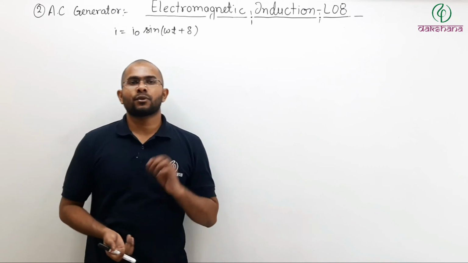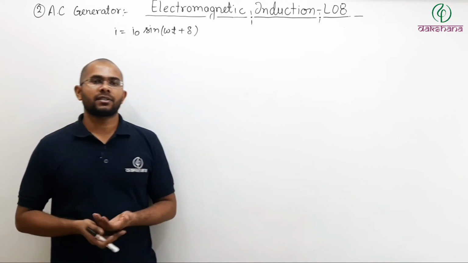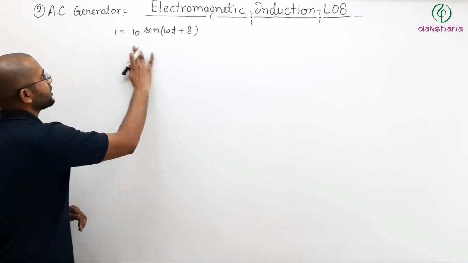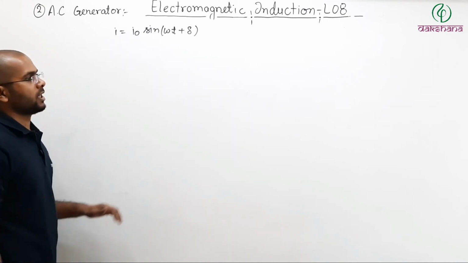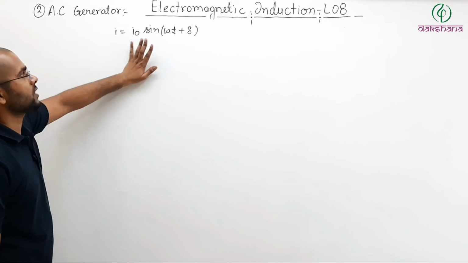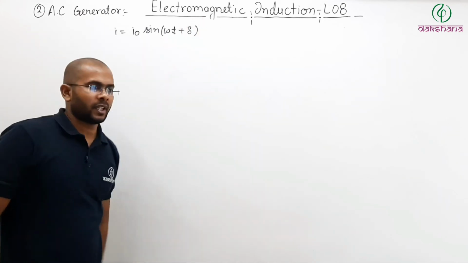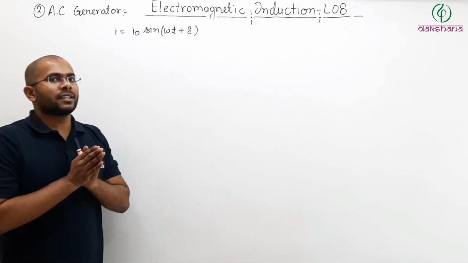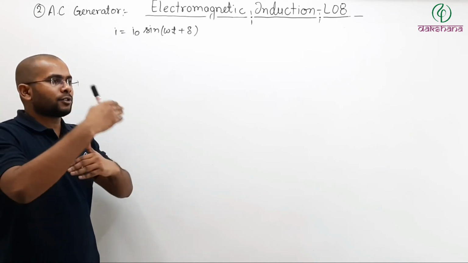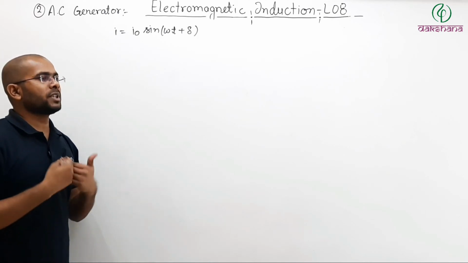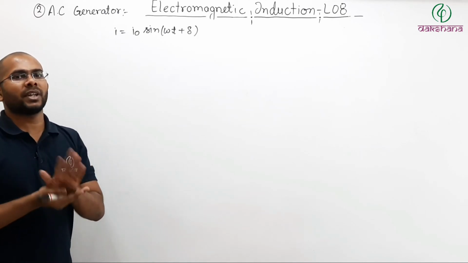Now let us discuss few basic terms with regards to your sinusoidal AC current. So here we have derived a general equation for a sinusoidal AC current as I equals I naught sin(omega t plus delta), where delta was the initial angle. As in the case of AC current, this current also will vary sinusoidally. Now, after how much time interval will this current repeat itself?